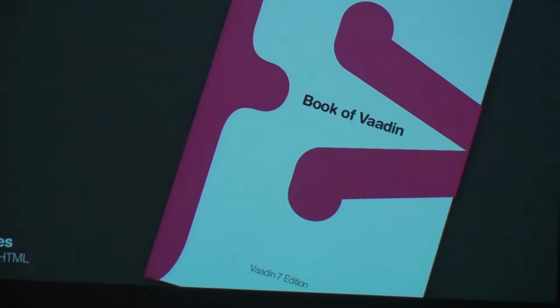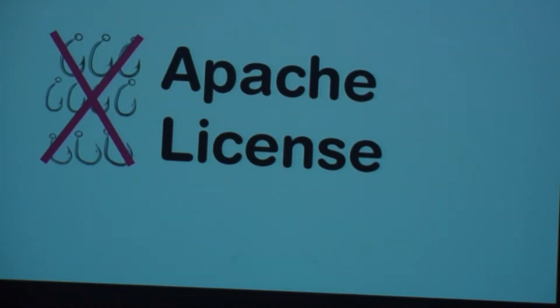People are asking: are there any hooks in Vaadin? There are not. We are a truly free open source company. This is Apache licensed, so you can do whatever you want with Vaadin Framework. Because of that, we don't really know who is using it because it's free.